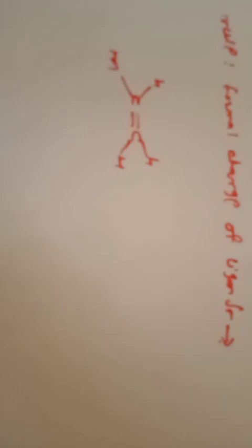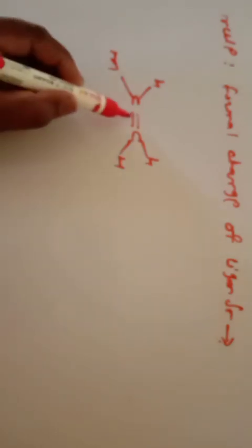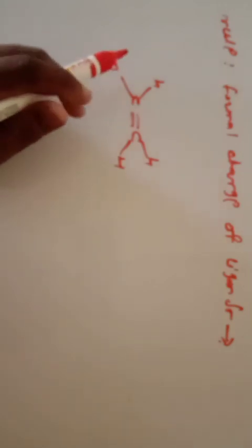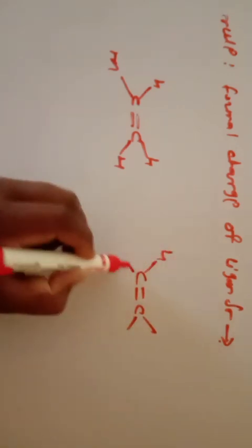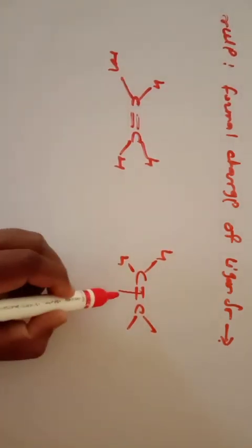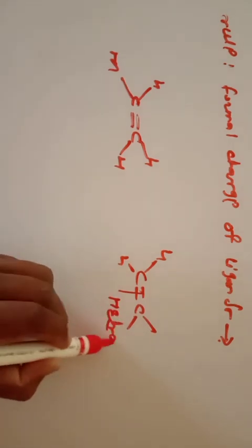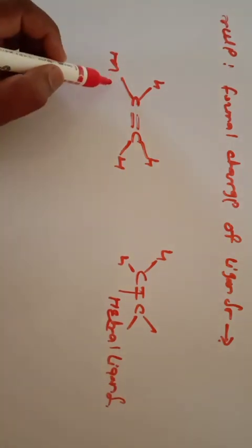This is not a simple molecule like ethylene. In ethylene, the donation of electrons is from the pi bond, therefore it is a neutral ligand. But if you consider this case, it is not a neutral ligand.